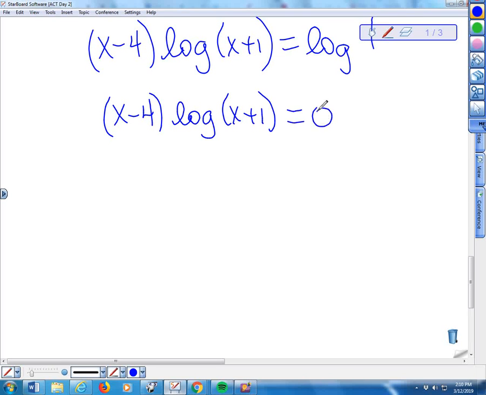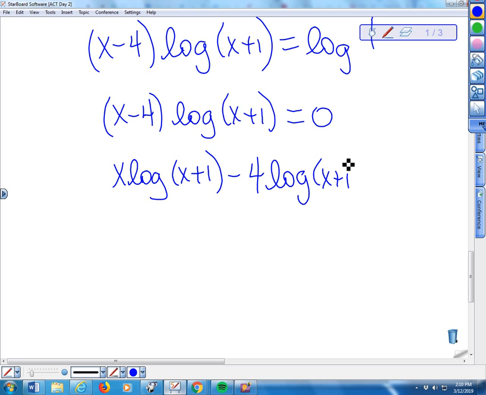I'm going to distribute. So I have x. Is that what I want to do? Log of... Does that help me at all? What if I made... I don't know what I'm going to do here.